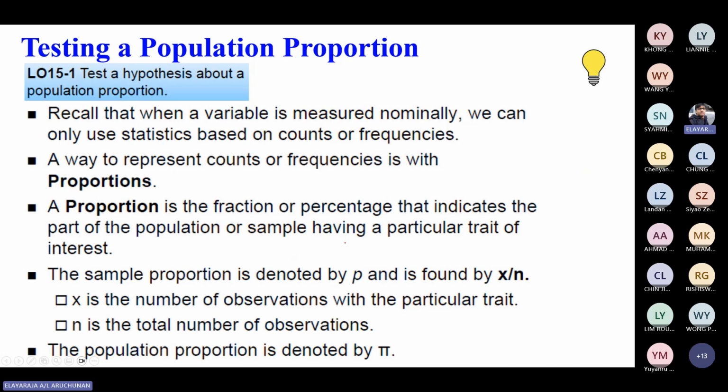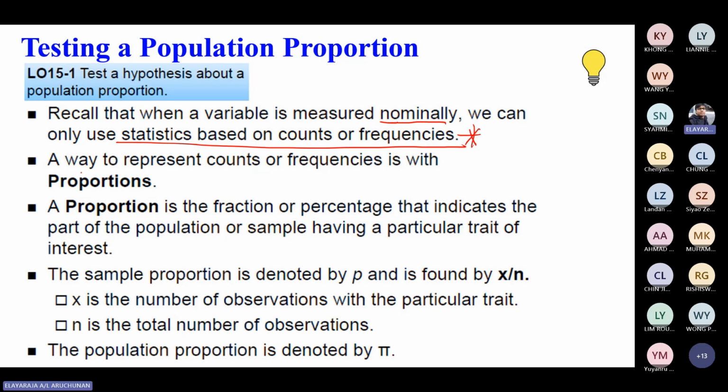Now, as we know, when testing population proportions, you should recall that when the variable is measured nominally, we can only use statistics based on the count of the frequencies. So this is important. For nominal data, we should use the frequencies, and later on we convert them into percentages.